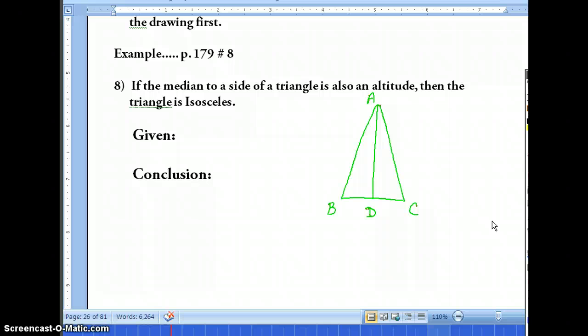Now, let's find out what we're going to actually write down as our given. We are given the triangle has a median, and the median is also an altitude. So I'm going to write over here, given: AD is a median to segment BC.